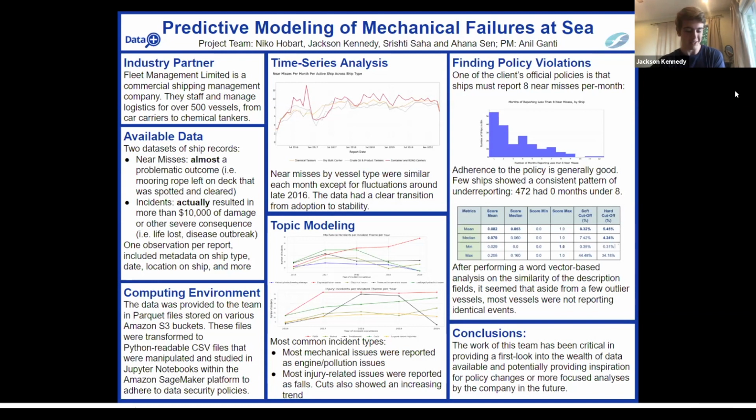Nico had all these gorgeous pandas data frames. I was building dictionaries with keys for years and months. It was a really good example of how to code right. So there was a big learning curve there, at least personally.